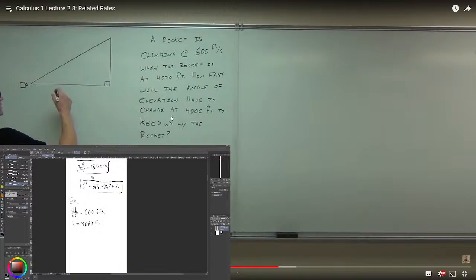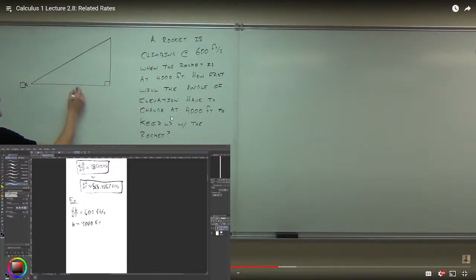What do we call that for a variable? So it's asking for the rate of change of the angle of elevation at 4,000 feet. But I don't know what angle we'd use for that.